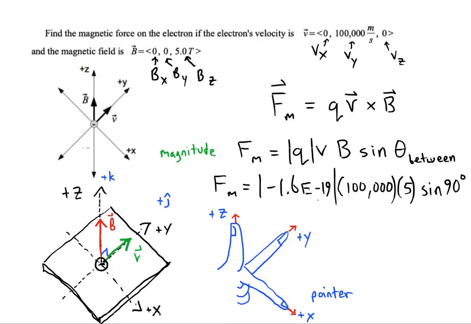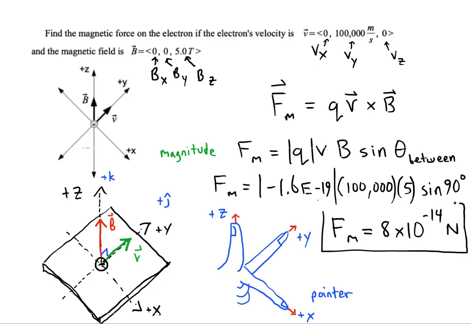All right, so that comes out to 8 times 10 to the minus 14 newtons. So this is just the magnitude.